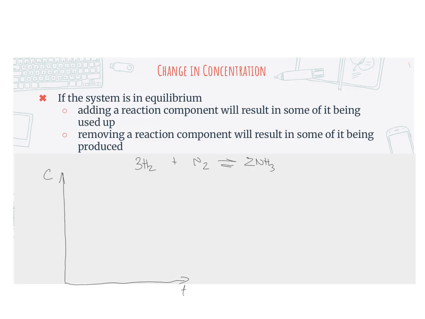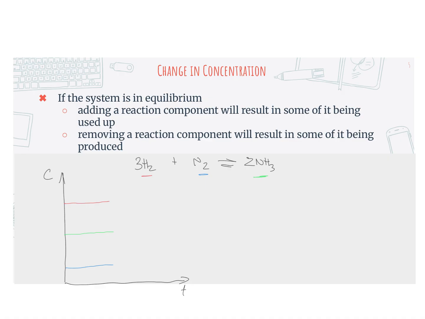And if we assume that these have already reached equilibrium, I'm going to label H2 as red, N2 as blue, and NH3 as green, we might get a case such as this, right? We have the concentration of H2 here at equilibrium. We have the concentration of NH3, a little bit lower, and the concentration of N2 is here.